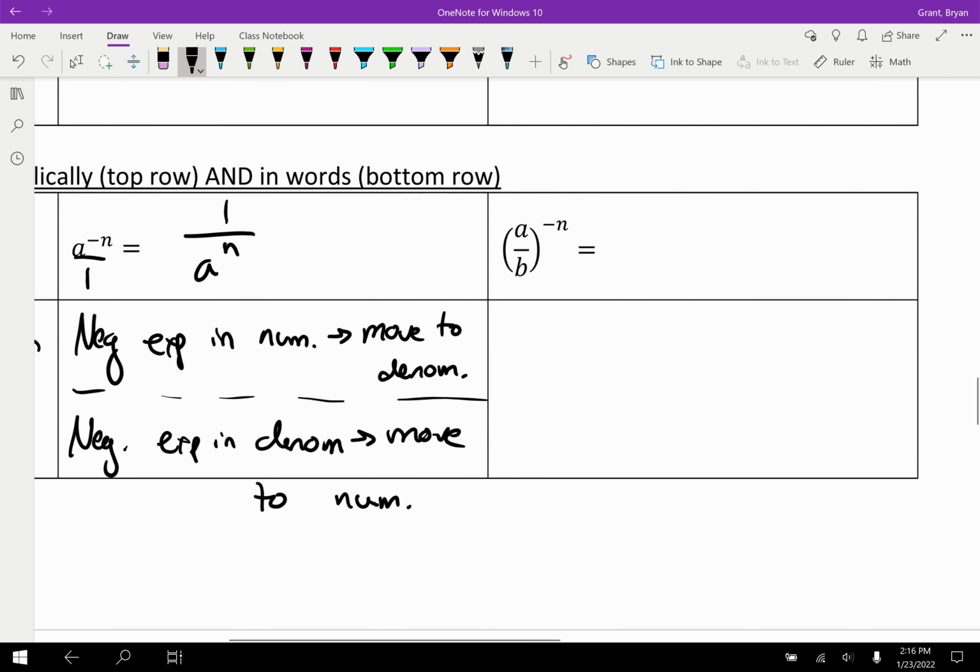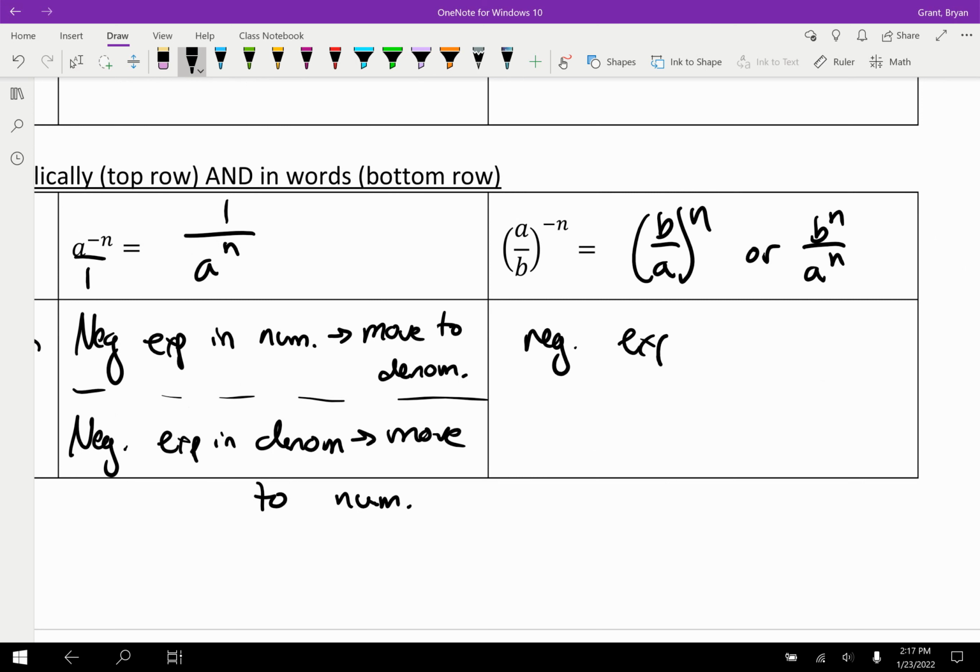And last but not least, right? This just becomes b over a to the nth power. Or you could say it's b to the n over a to the n, right? A negative exponent gives the reciprocal of a fraction.